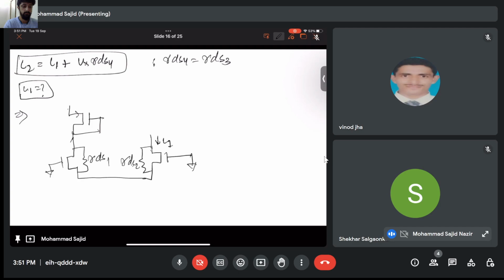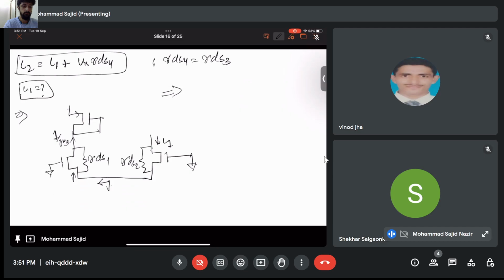And this one known as 1 by G3. So if you want to find resistance here, looking into this terminal, what is this own resistance looking at the source? That is 1 by Gm.